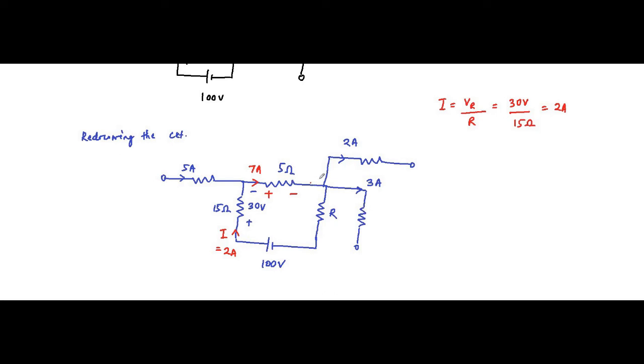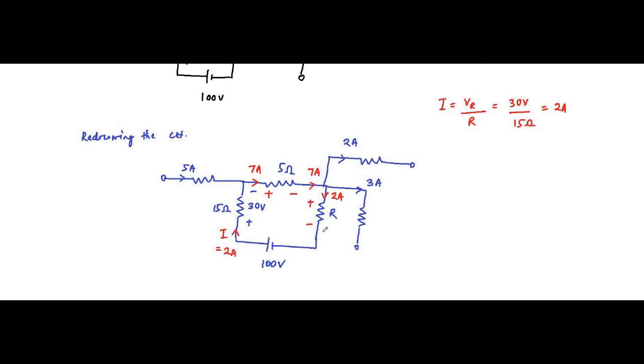Here the 7 ampere current comes, then two outgoing currents, 2 ampere and 3 ampere. So obviously the current flowing through this R will be 2 ampere. Again, polarity assigned like this.